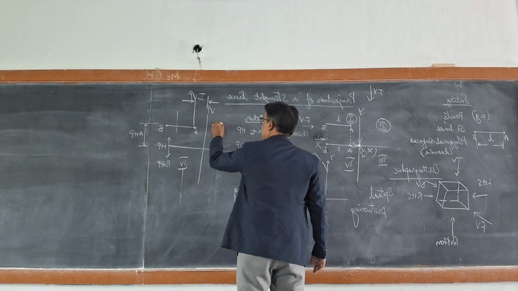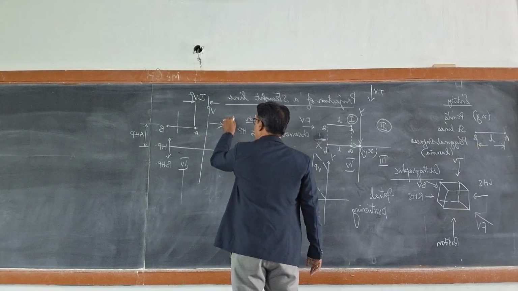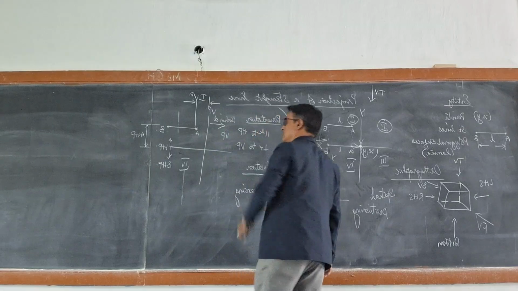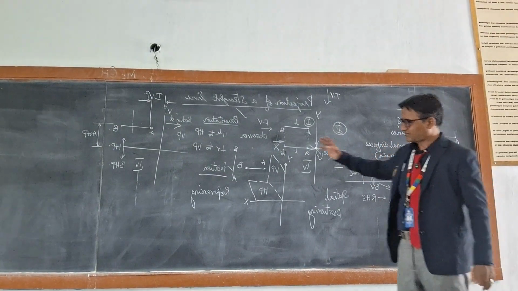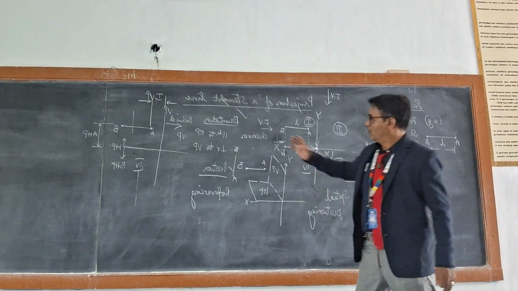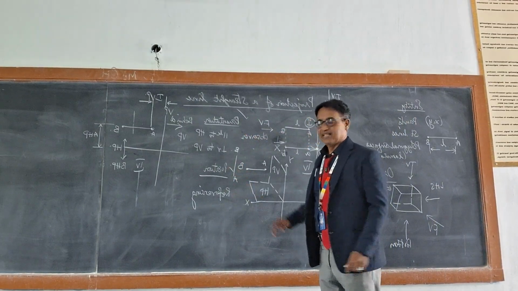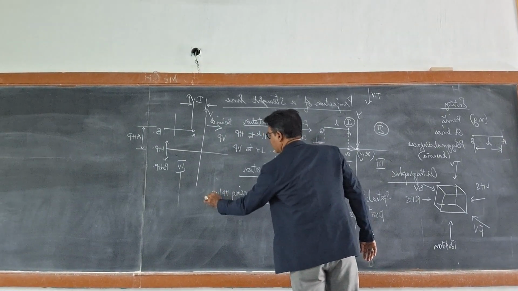And here, once again, in the second quadrant, it will be behind VP. Okay. So any object has to follow certain orientation, positioning, and also the referencing. Okay. Referencing with respect to HP and VP.